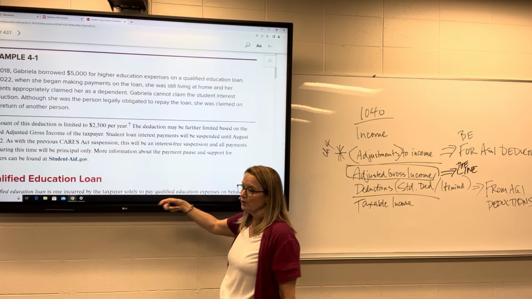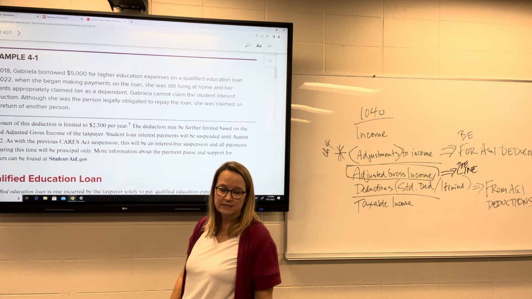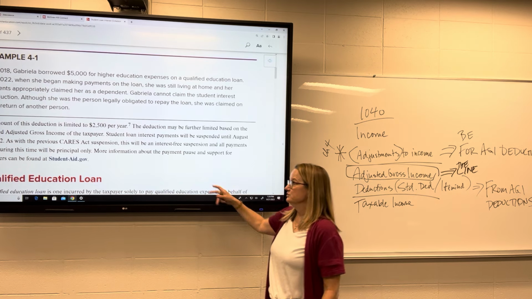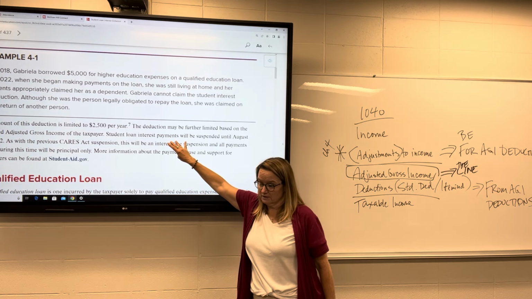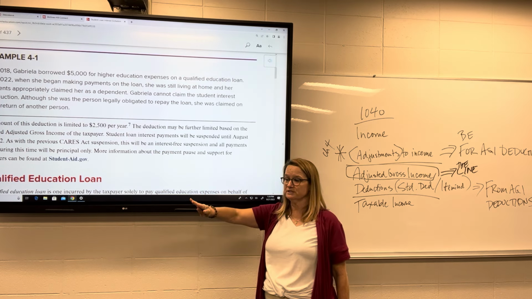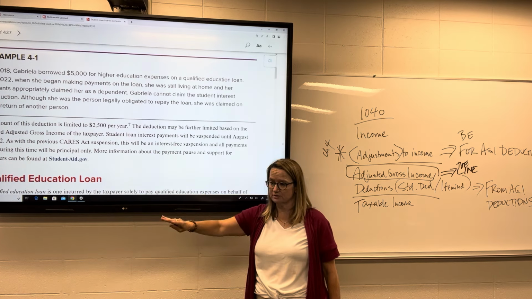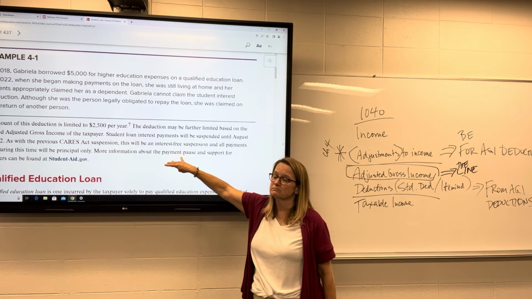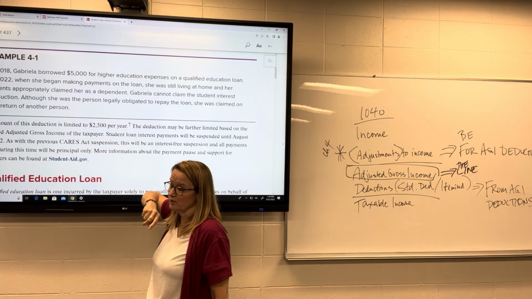So if your interest on your loan is more than $2,500 a year, you can't take more than the $2,500. So if you paid $3,000 in interest, I'm not talking about the principal on the loan, just the interest, you're capped at $2,500.